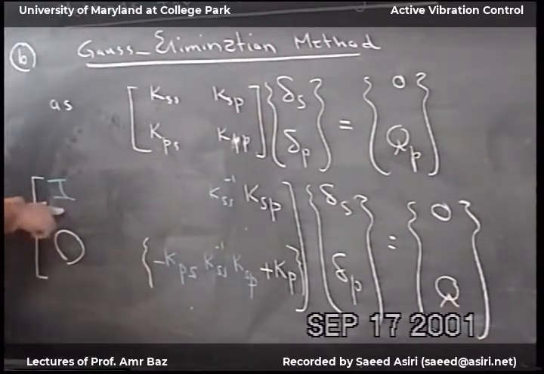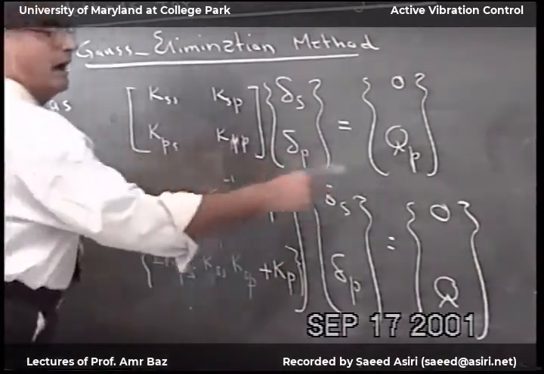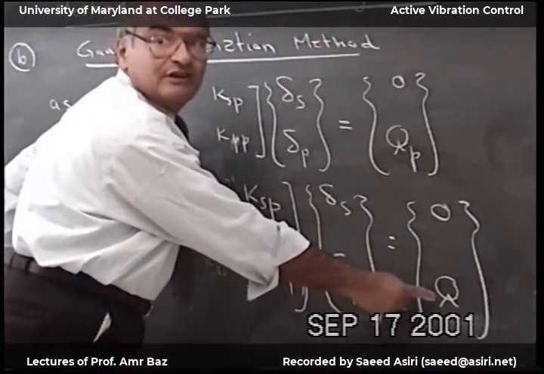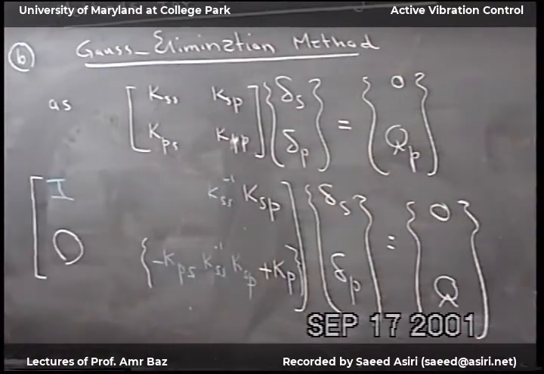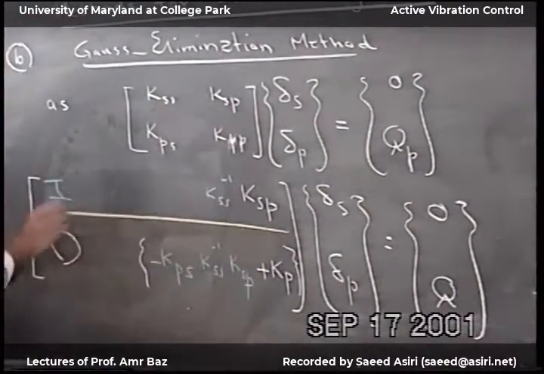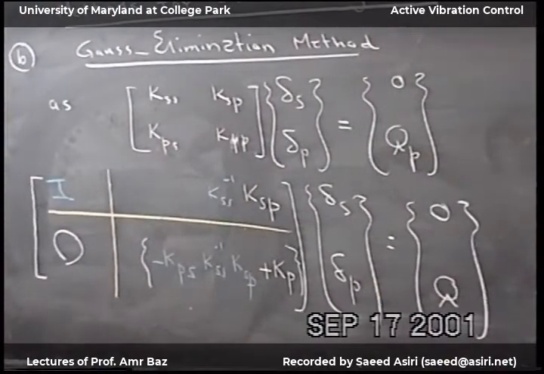When I multiply this by KPS, take the negative. I multiply it here and add it to this. This does not change. This stays as it is. So now we're done. Now I'm going to take this and partition it. Let's see the result, what we have.